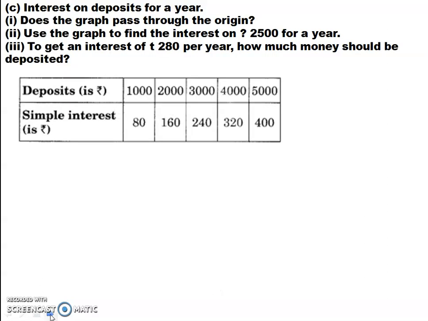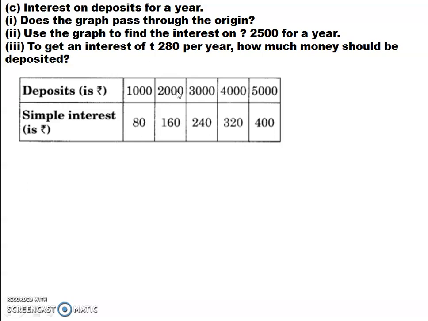Next, here you are going to draw a linear graph. Interest on deposits for a year. That means if you are depositing 1000 rupees, at the end of 1 year you will get 80 rupees.